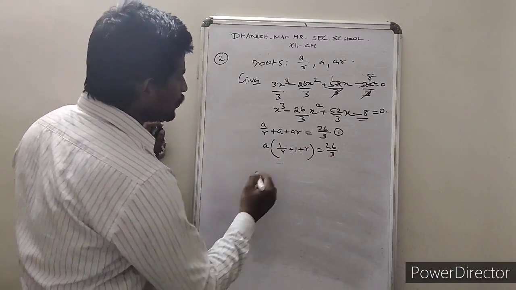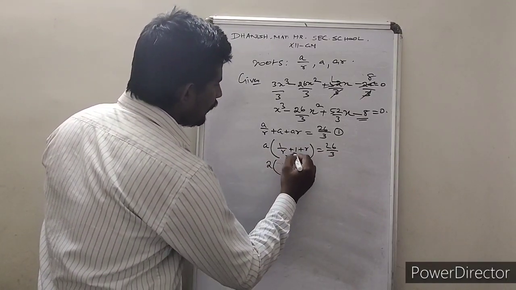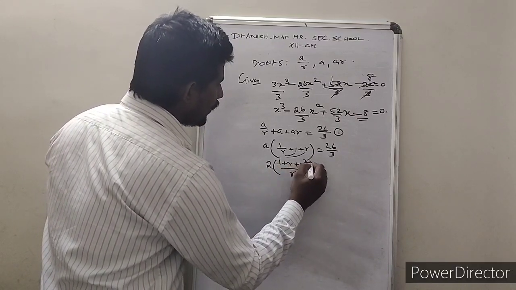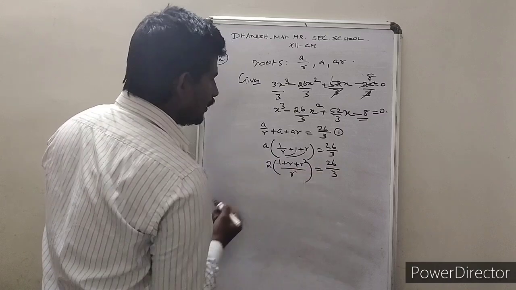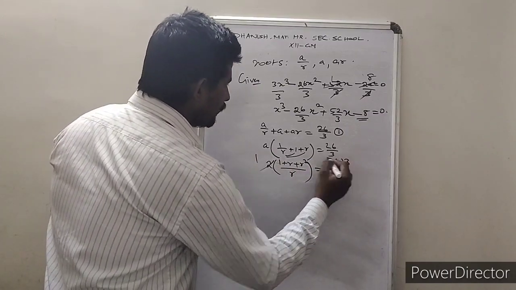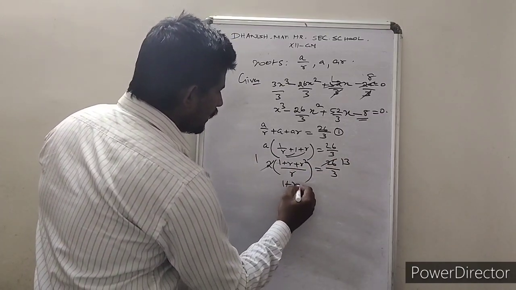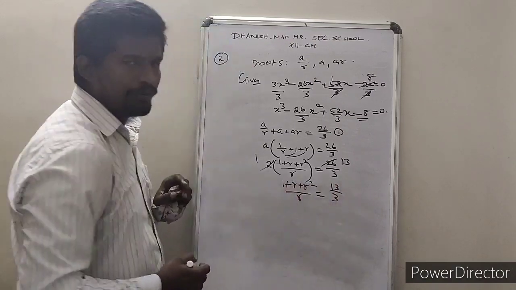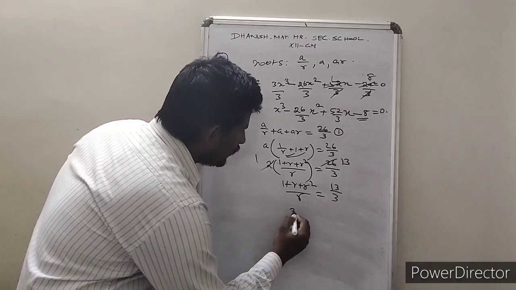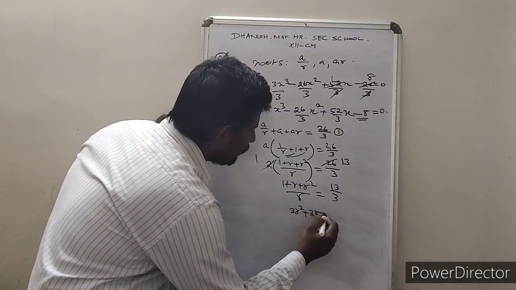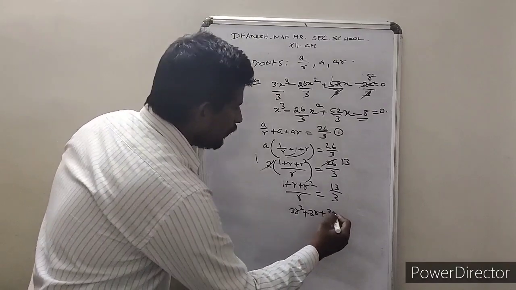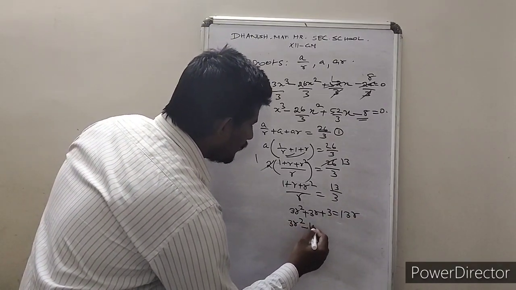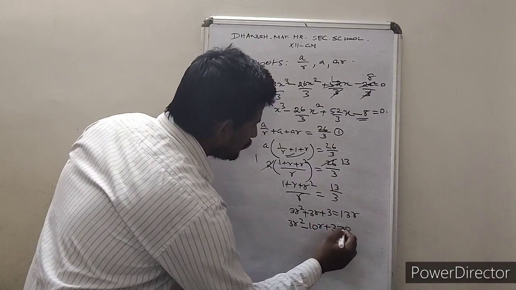Substituting a as 2, and taking the LCM as r, 1 plus r square over r equal to 13 by 3. Now we go for the cross multiply: 3r square plus 3 equal to 13r minus 3r, so 3r square minus 10r plus 3 equal to 0.